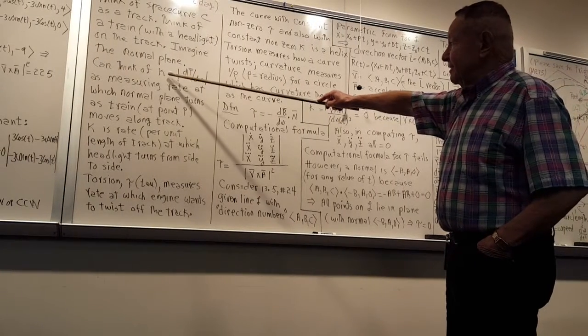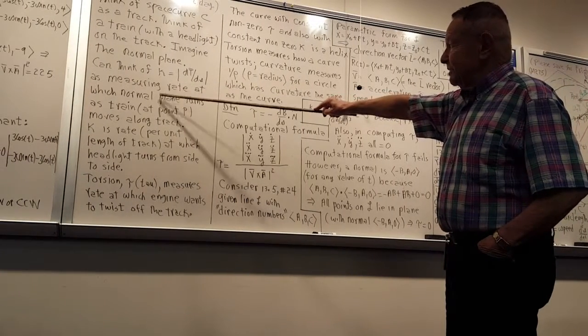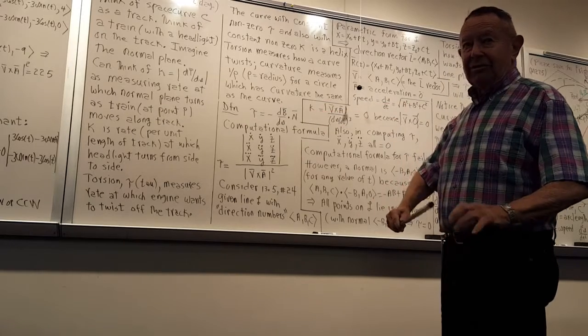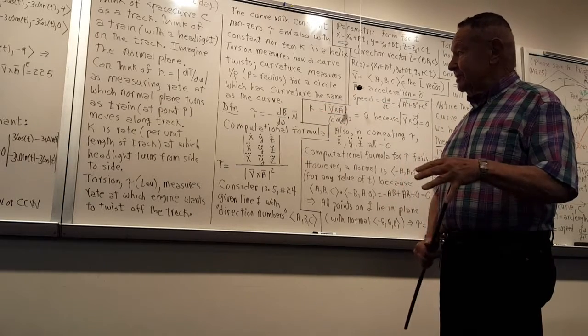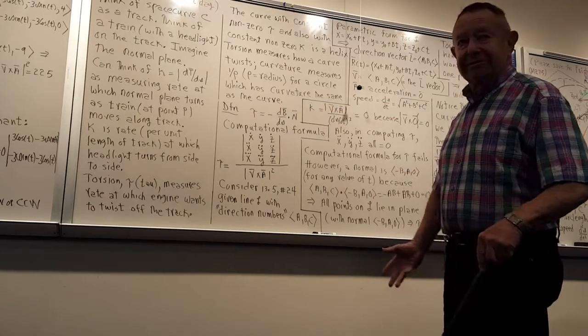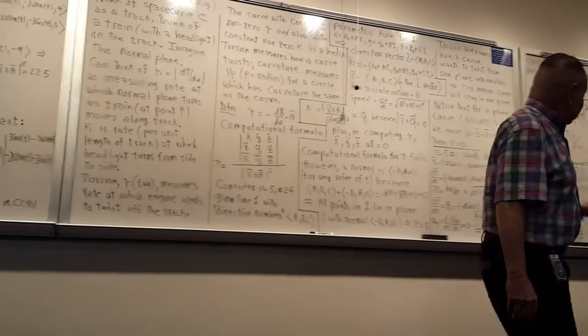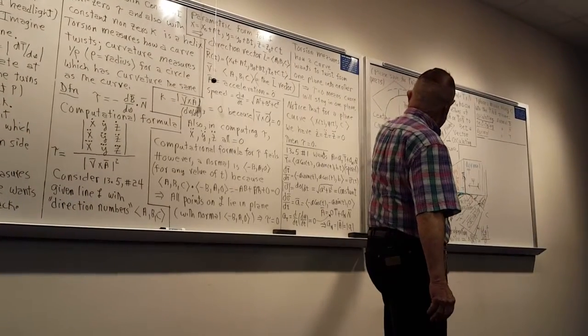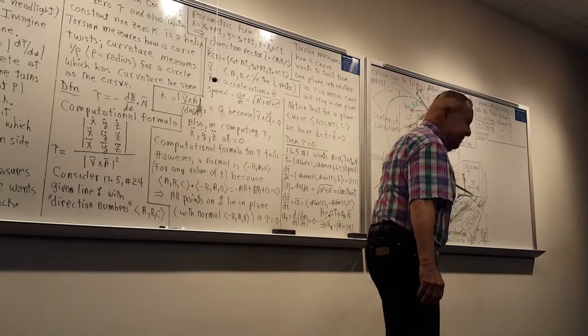So you can think of the curvature as measuring the rate at which the normal plane turns as the train at the point P moves along the track. The point P would be there or there in these pictures.